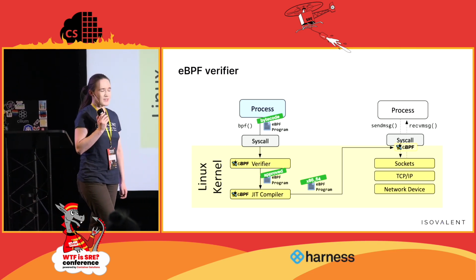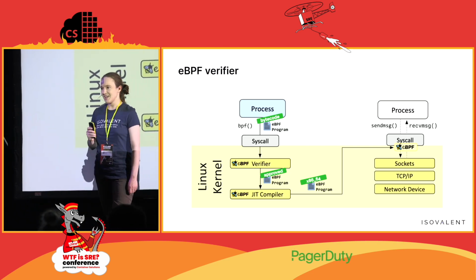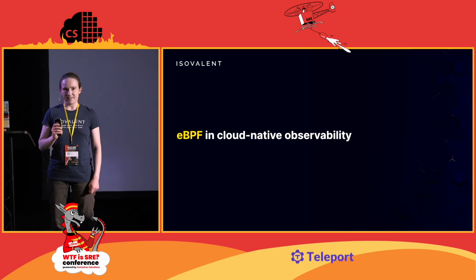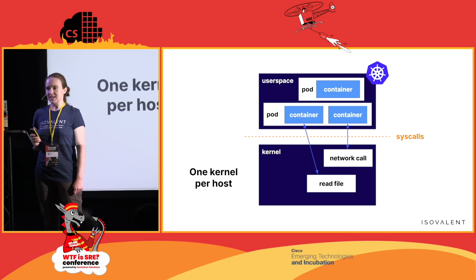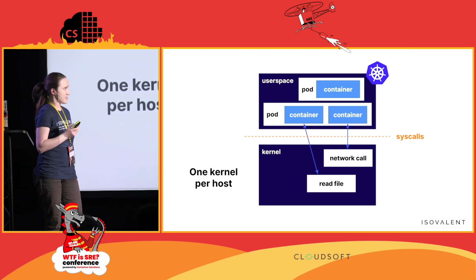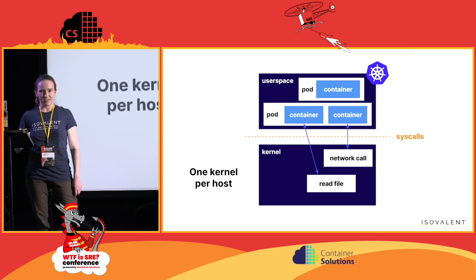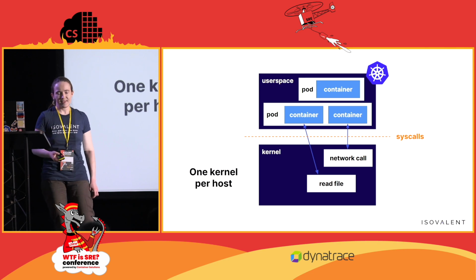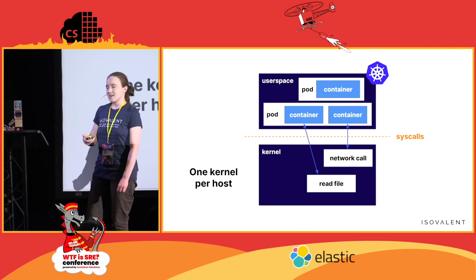So I touched a bit on why eBPF is useful in observability, let's dive a little bit more into that. These days we are running things in Kubernetes. In Kubernetes, we have many applications running on the same host. And they are rescheduled. They are started by Kubernetes all the time.